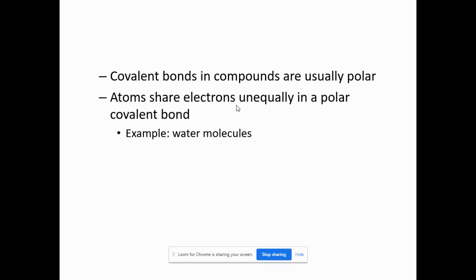All right, it's like the 2 atoms are kind of having a tug of war. And the more electronegative atom is sort of winning that tug of war. They're able to pull that electron closer to its side. All right, an example is a water molecule.